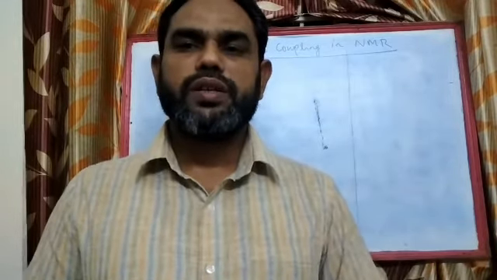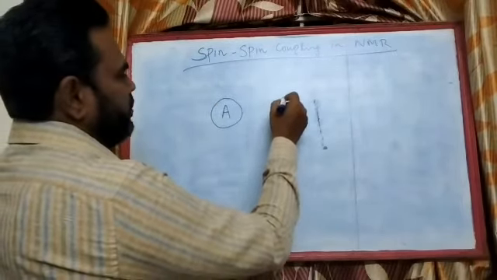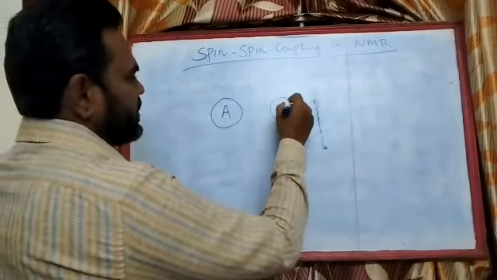Say for example, I have a magnetically active nuclei A, and another magnetically active nuclei which is X, and I apply a magnetic field B0.